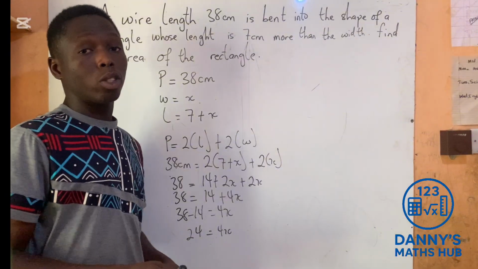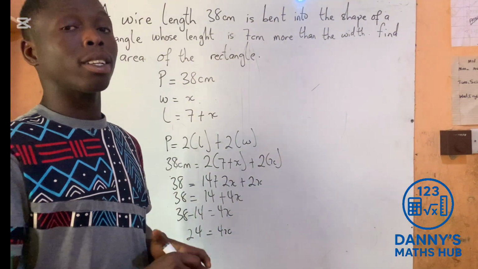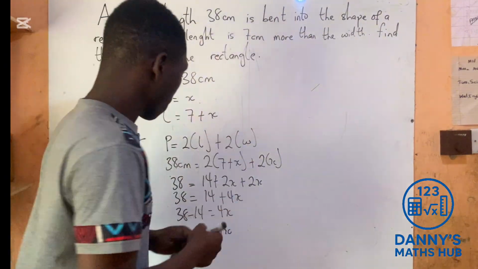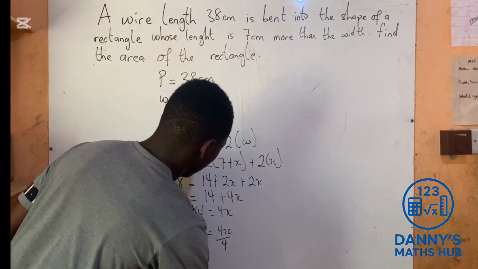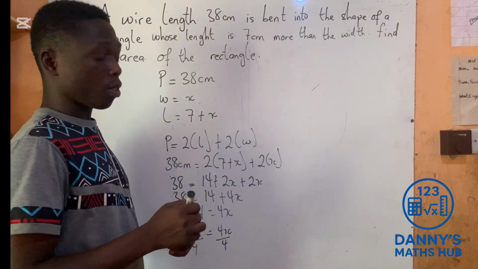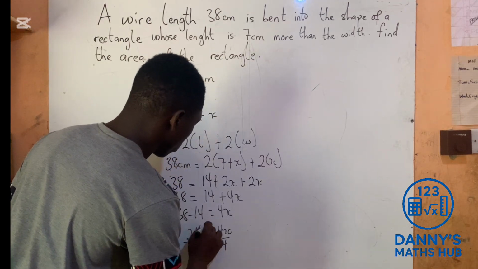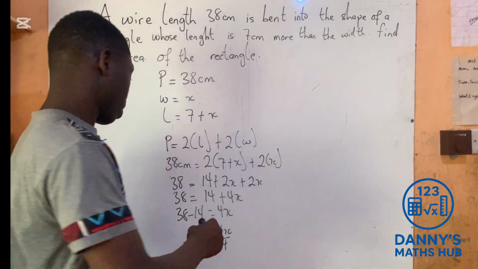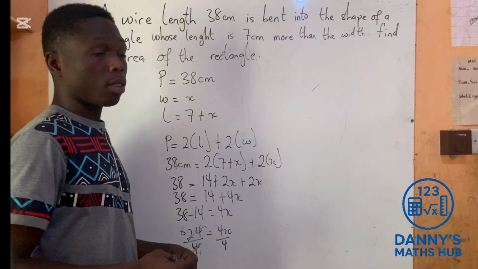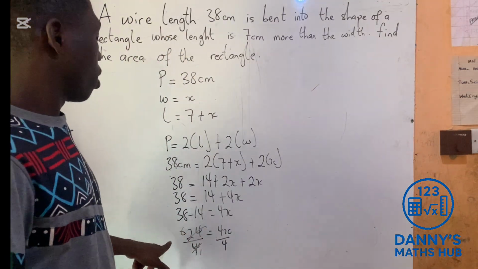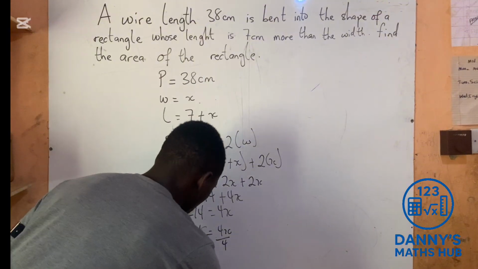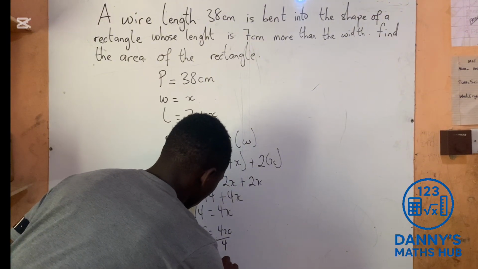In order to make x stand alone, we have to divide both sides by 4. 4 will go into 24 6 times. Therefore, x is equal to 6.